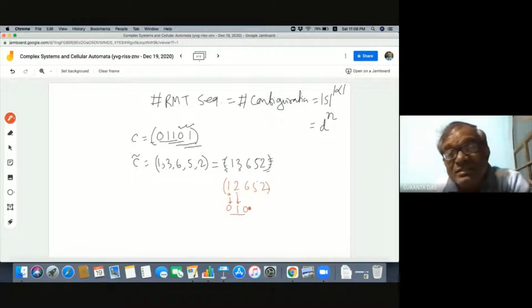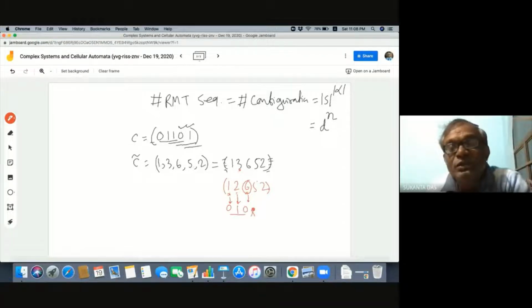Can I get 6 here? After this 0, 0, I have already settled for this cell. So here I can put either 1 or 0. If I put 0, it will be 4. If I put 1, it will be 5. But no way I can get 6. But here 6 is there. So I have to get a 6. So not possible.